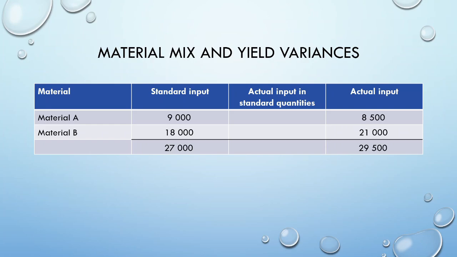Now to deal with the middle column. This column shows us the actual input in the standard quantities. So the actual input is the total input of 29,500 kgs from the actual column. Now we need to split this in the same proportion as the standard input column.